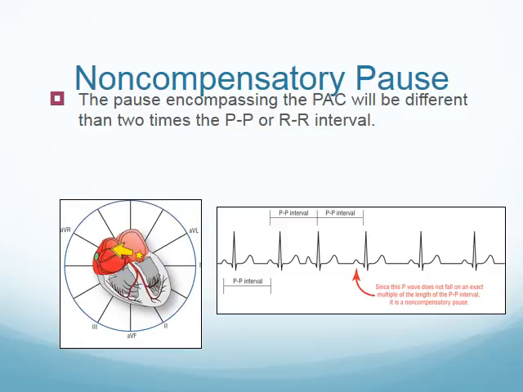So our P waves are not going to march out as they would in a compensatory pause. And we'll look at an example of that in just a second. Since the SA node is reset with the PAC, our normal heart rate starts again after the PAC. So they should start marching out after the PAC occurs.